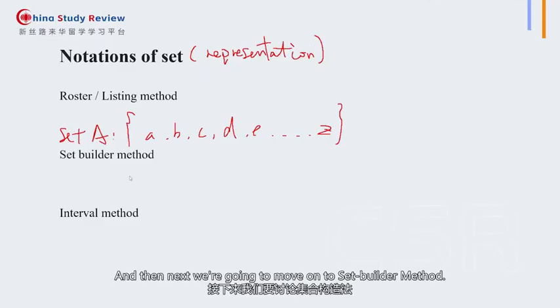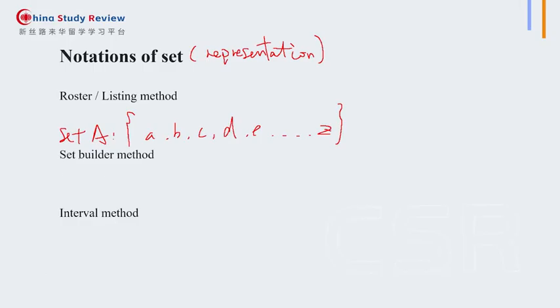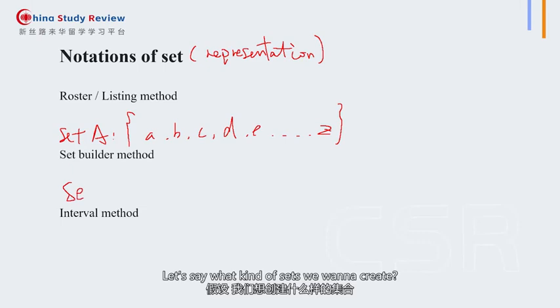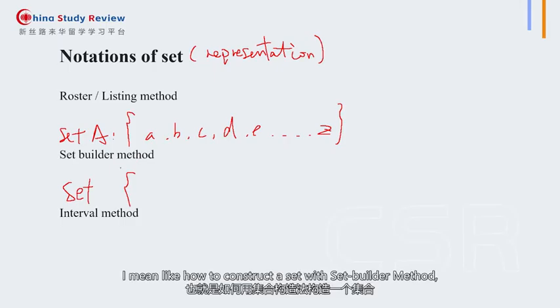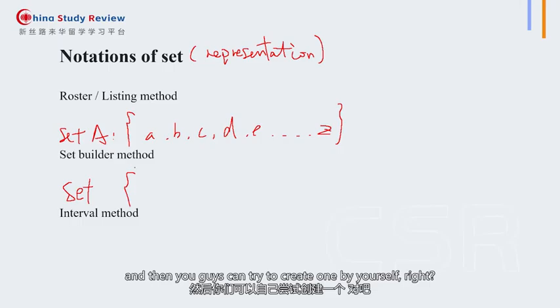Next, we're going to move on to the set builder method. The set builder method is different from the listing method. First I'll explain the structure of it, meaning how to construct a set with the set builder method, and then you can try to create one by yourself.